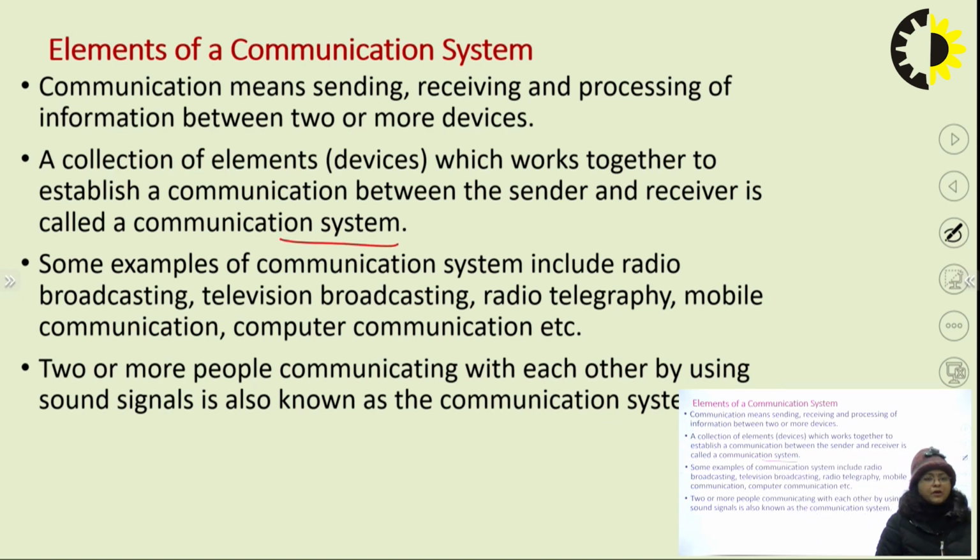We have used various communication systems till date like radio, TV, mobile phone, landline, computer communication, which are all different types of communication systems. So any communication between one and another individual or one and another system is called a communication system.